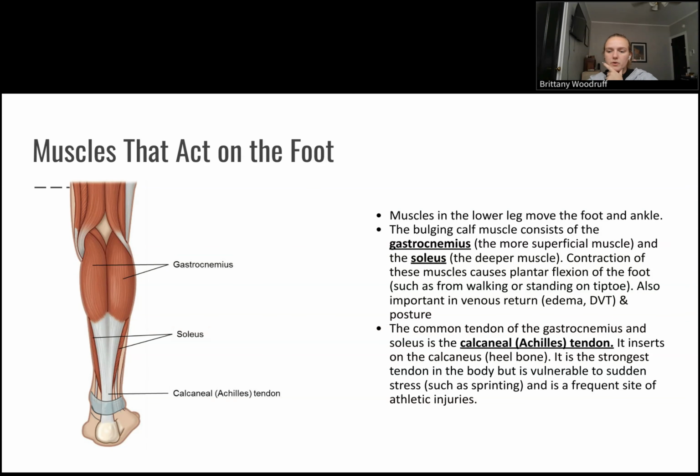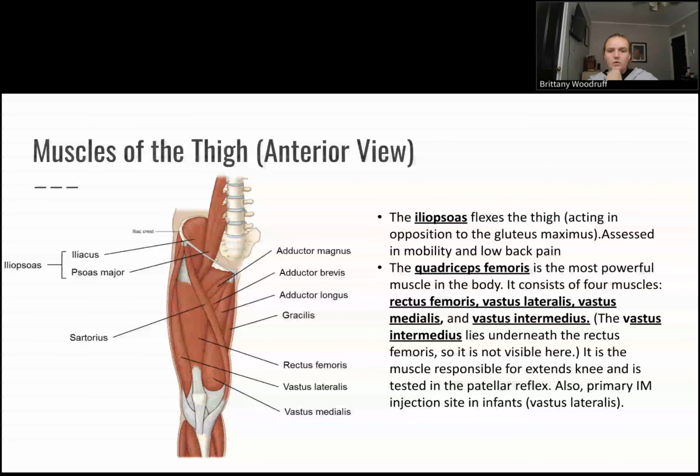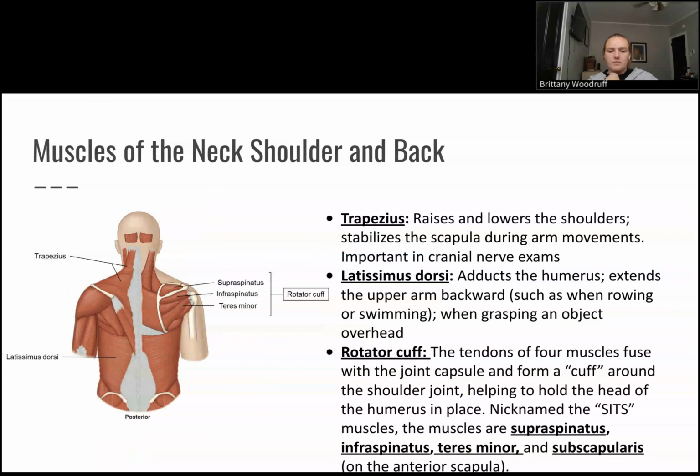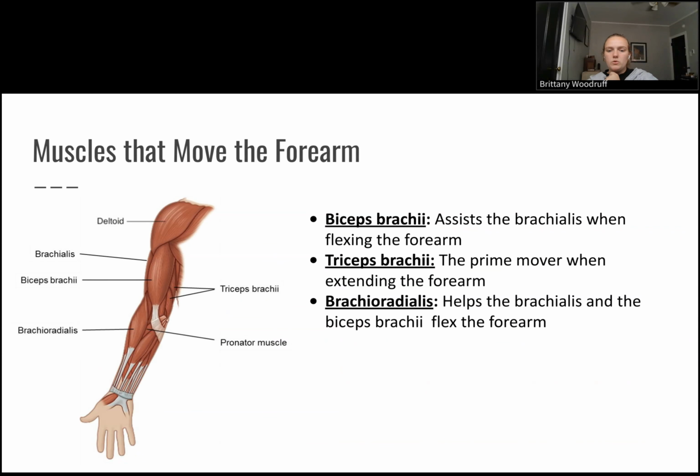Oh, something I forgot to point out. With your arm, if you look, in your arm, you see this brachii come up over and over, right? You have biceps brachii, you have triceps brachii, you have brachioradialis, right?